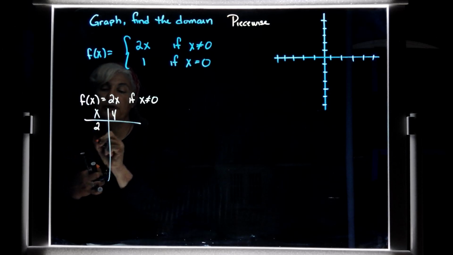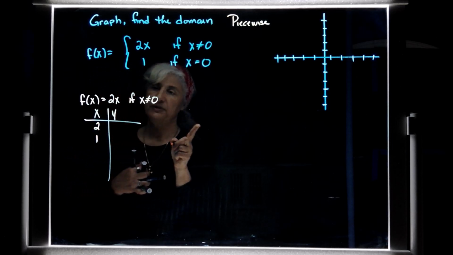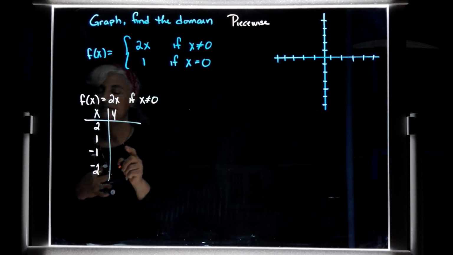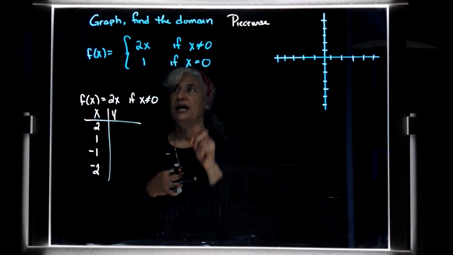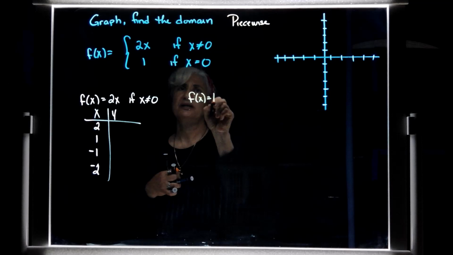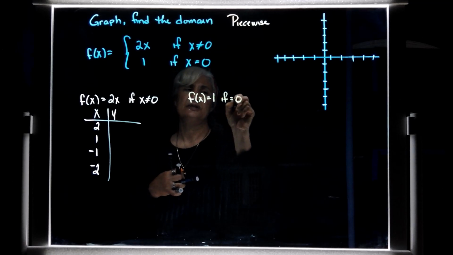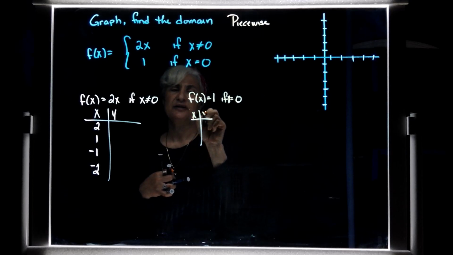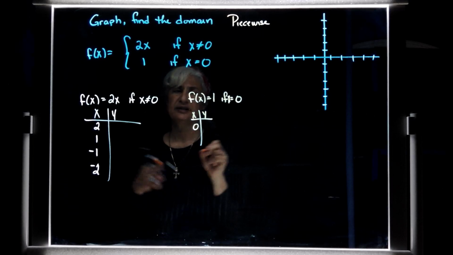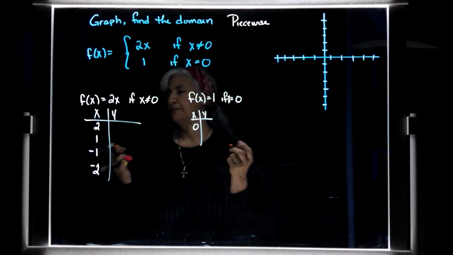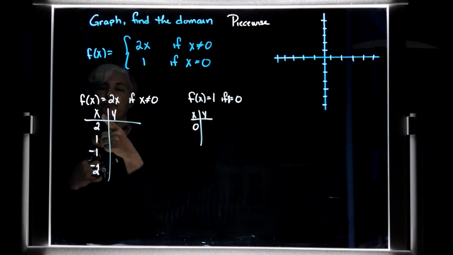It could be 2, it could be 1, can't be 0, it could be -1, it could be -2, right? Okay. And the function is equal to 1 if x is equal to 0. Well, that means the only thing on this table is x being 0. Are you with me? Okay, so let's do some plotting.